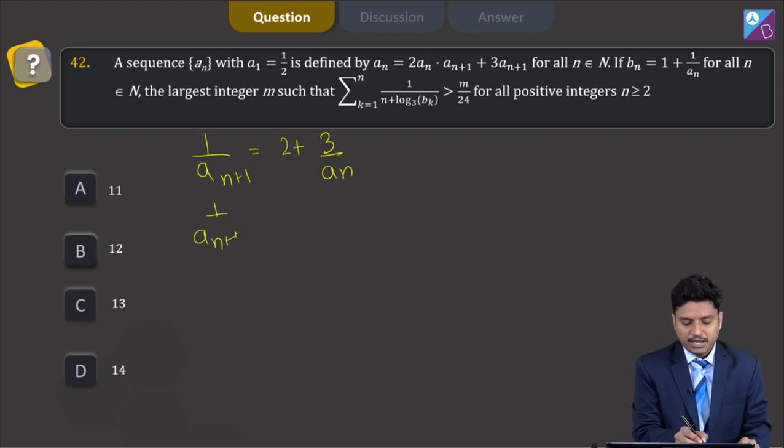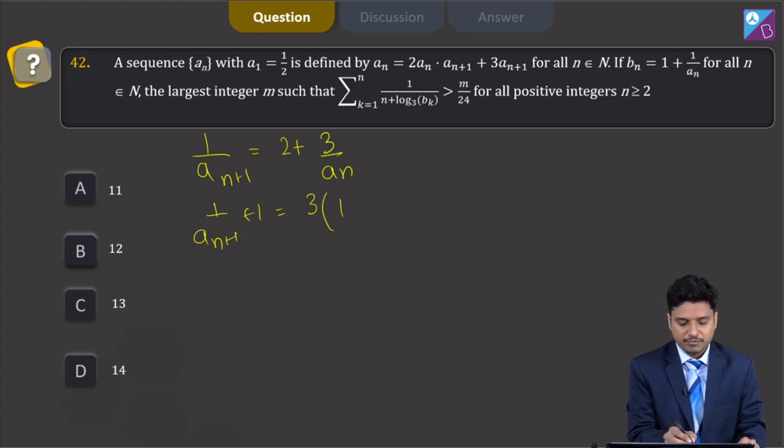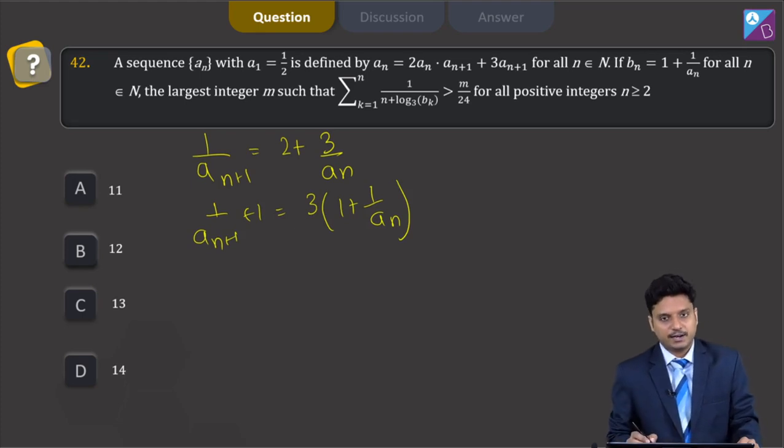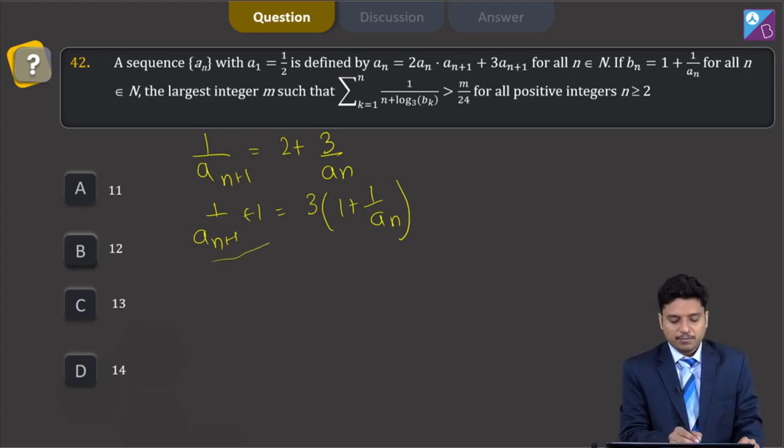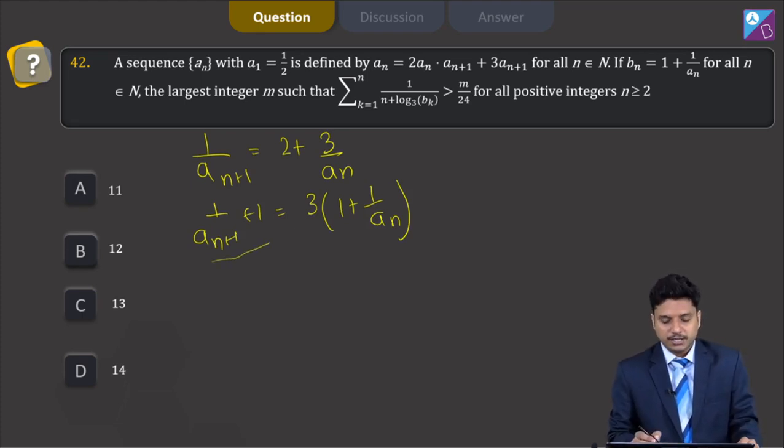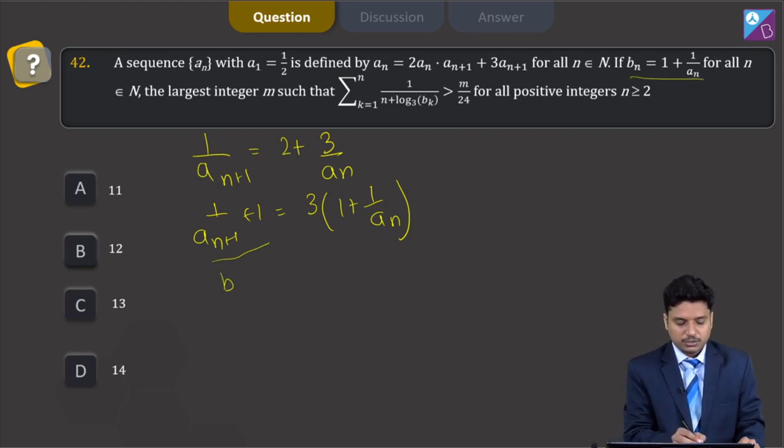So 1 upon an plus 1 will be equal to 3 plus 3 by an, which can be converted as 3 into 1 plus 1 by an. 1 upon an plus 1 plus 1, what we can say about this? As we are already aware that bn is equal to 1 plus 1 upon an, so this is your bn plus 1 and this is equal to 3 into bn.